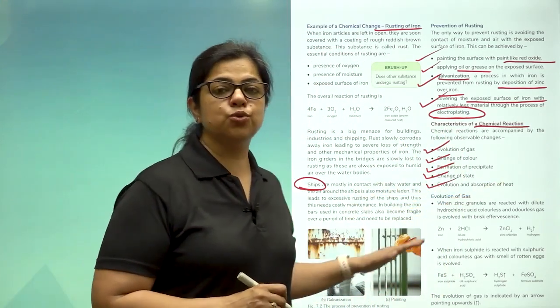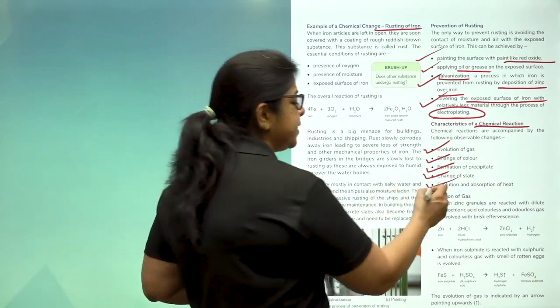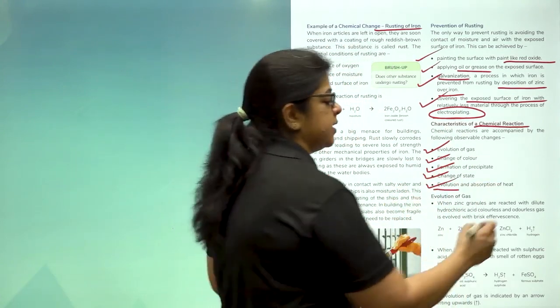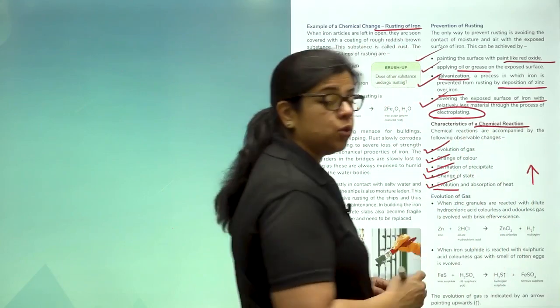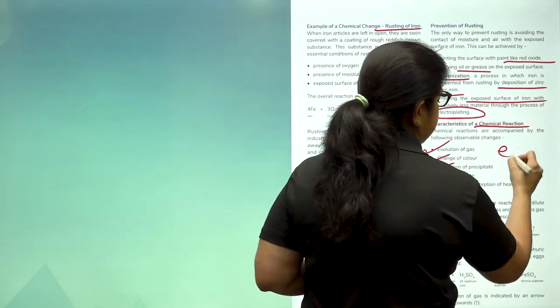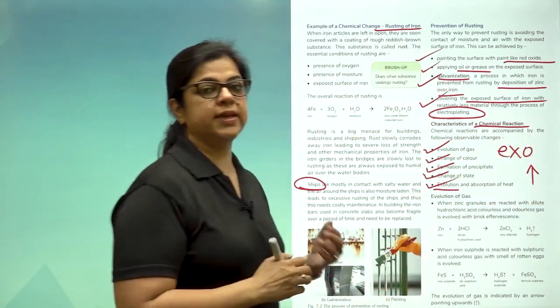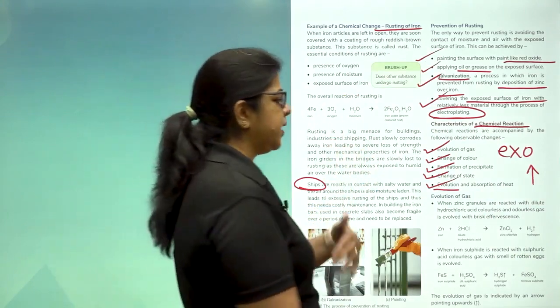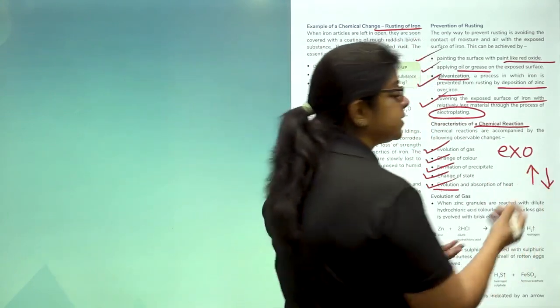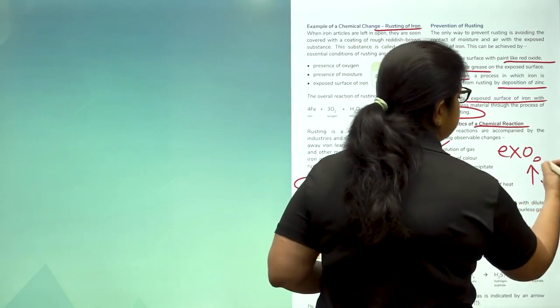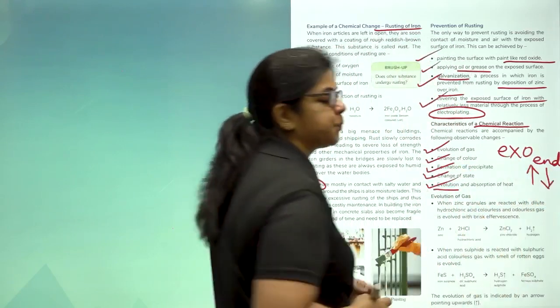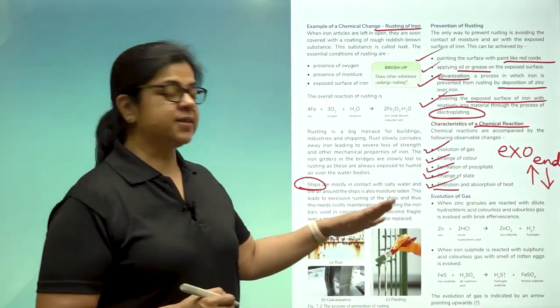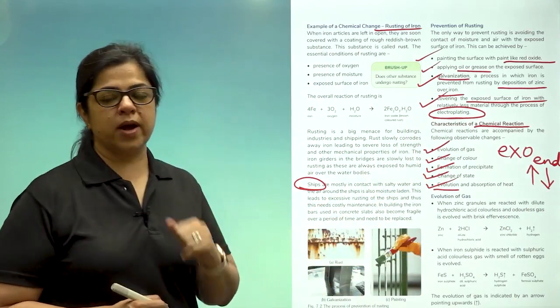So either of the two can take place. When there is evolution of heat, that means heat is given out. It is known as an exothermic reaction. Heat is given out. And when the heat is absorbed, it is taken in. It becomes an endothermic reaction.